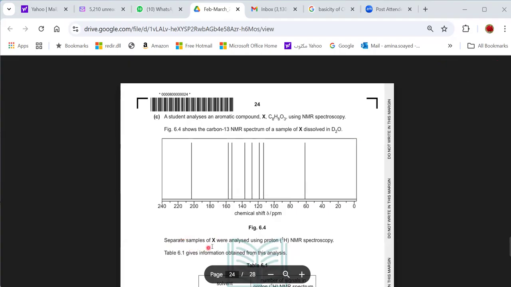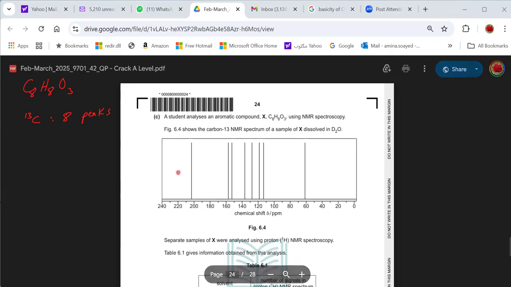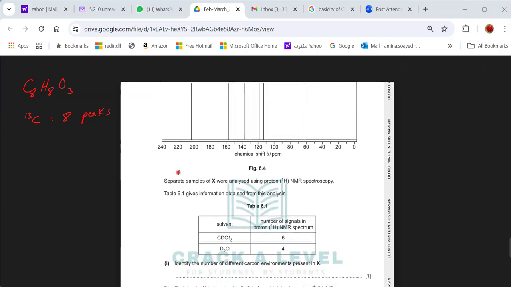So we have C8H8O3, and in carbon-13, it has how many peaks? 1, 2, 3, 4, 5, 6, 7, 8. So it has 8 peaks in the carbon-13. This means that it has 8 carbons with different environments.